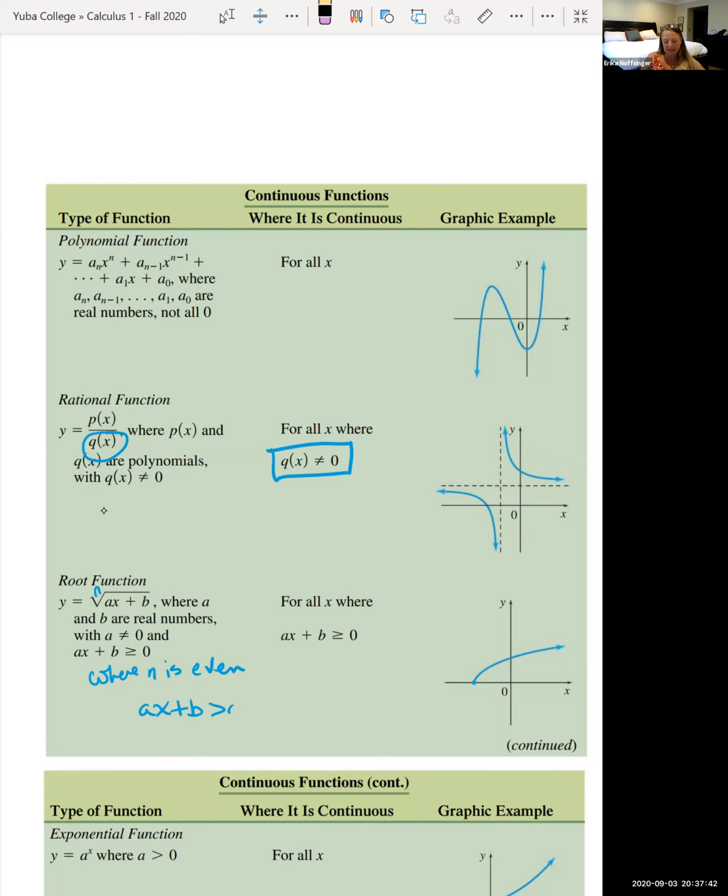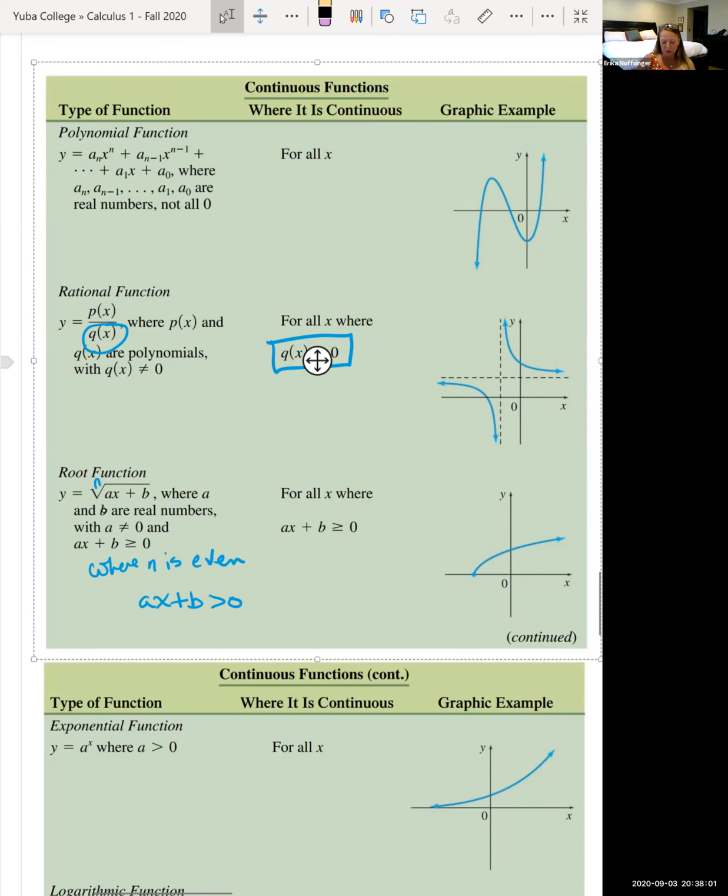If it's not, then we get an imaginary number and that's not part of our domain, so it's not even going to have any piece of the graph there. If n is odd, we can have negatives underneath the radical and get back to real numbers. We're okay there.